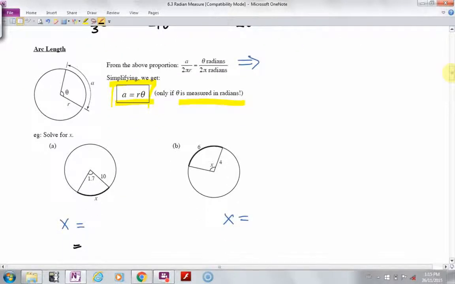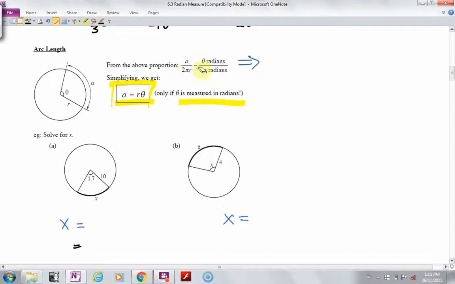Okay, arc length. If you recall yesterday when you developed your formula for arc length, you said that the ratio of the arc divided by the circumference was the same as the ratio of the angle divided by the full angle for the whole circle.